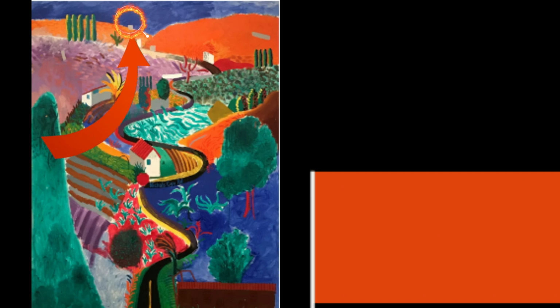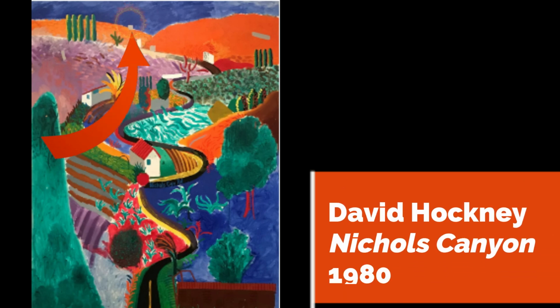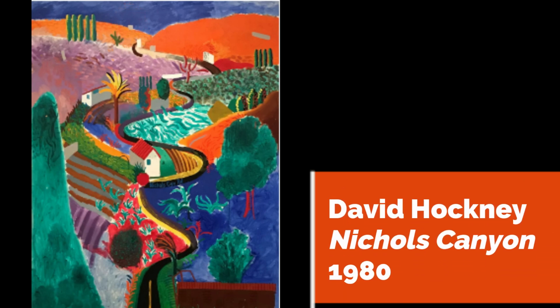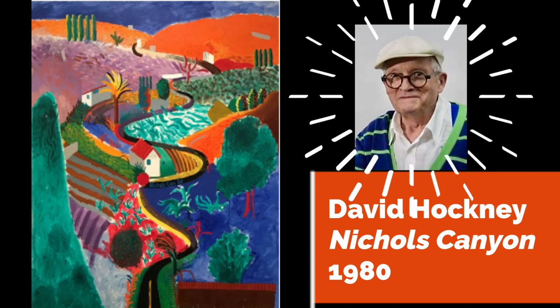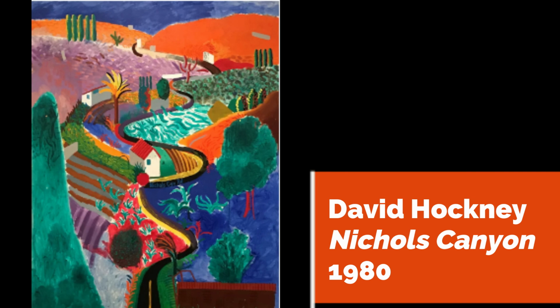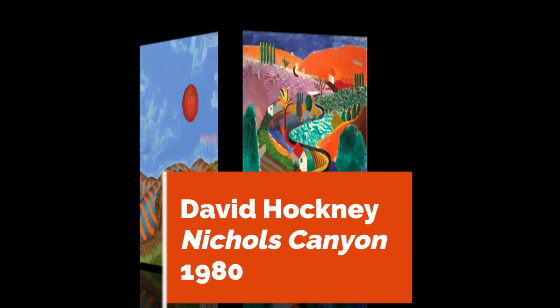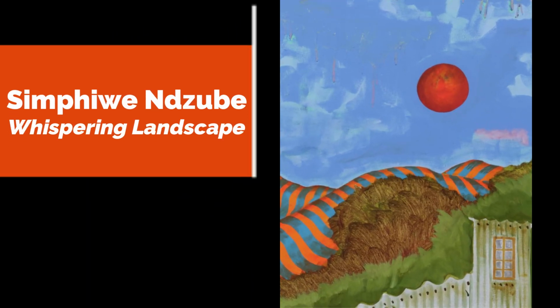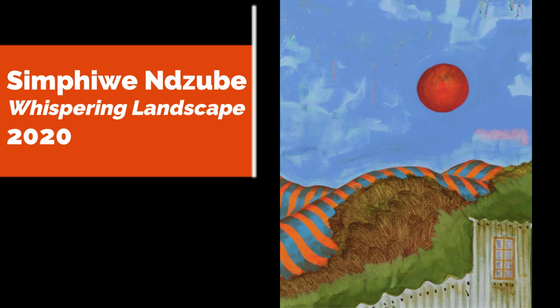This landscape painting by David Hockney is entitled Nichols Canyon. Look carefully. Can you find where David Hockney used size or placement to create depth in this painting? Pause to discuss. Here is a painting by Simphiwe Ndzube entitled Whispering Landscape.